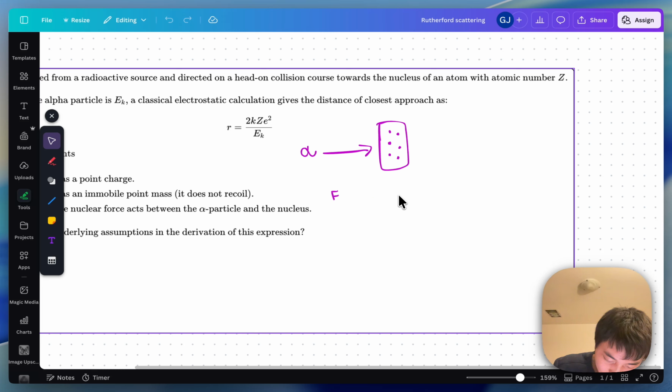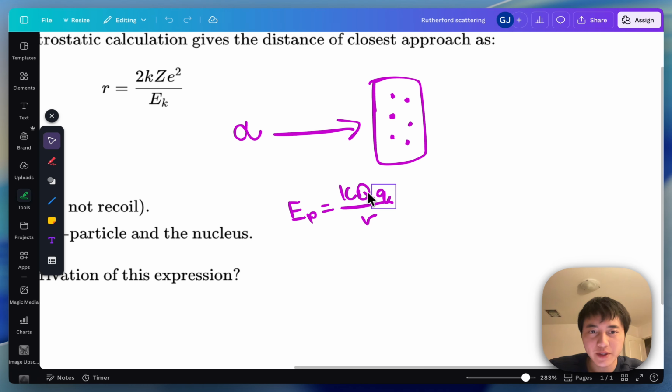So E_P equals kQq over R, where it really doesn't matter which Q is what, but they represent the charges. An alpha particle is basically a helium ion, so it has two neutrons and two protons, no electrons.